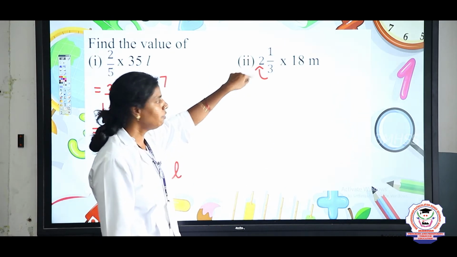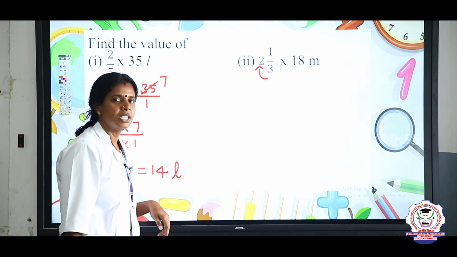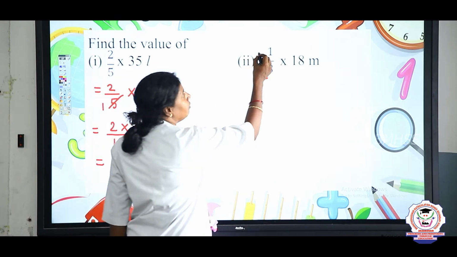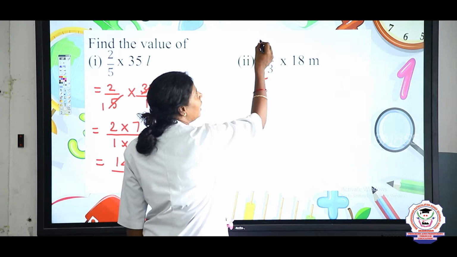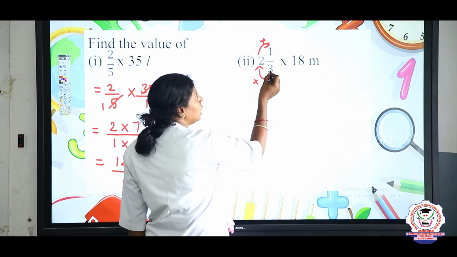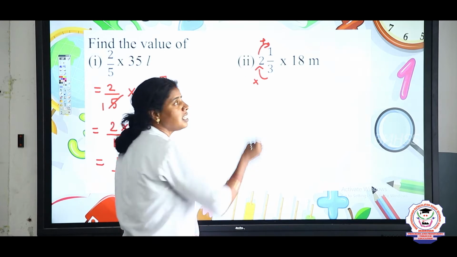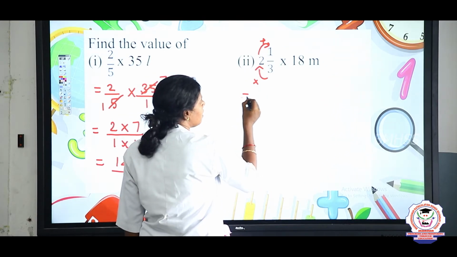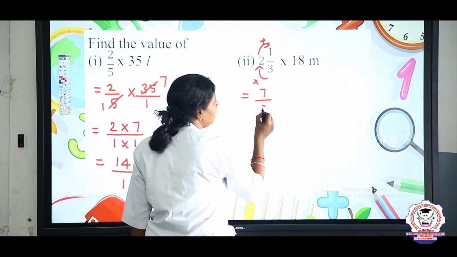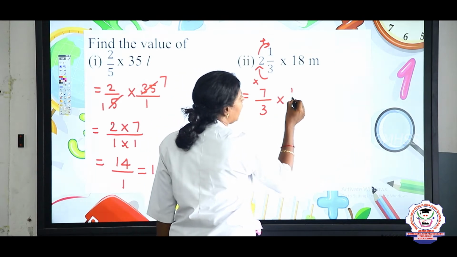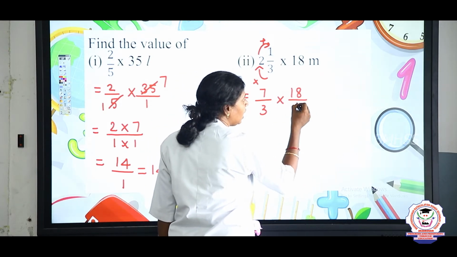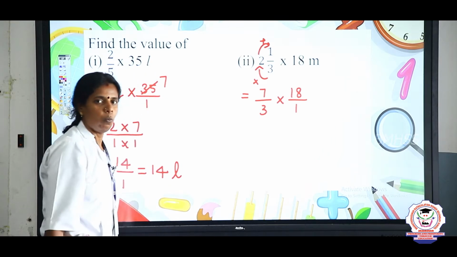What is the product of 3 and 2? 3 twos are 6, and we add this product to the numerator. 6 plus 1 is 7. So, 7 by 3 into 18. We can consider 18 as 18 by 1.